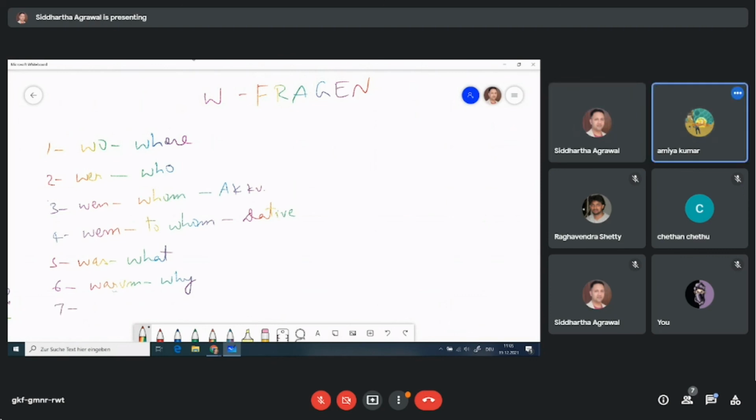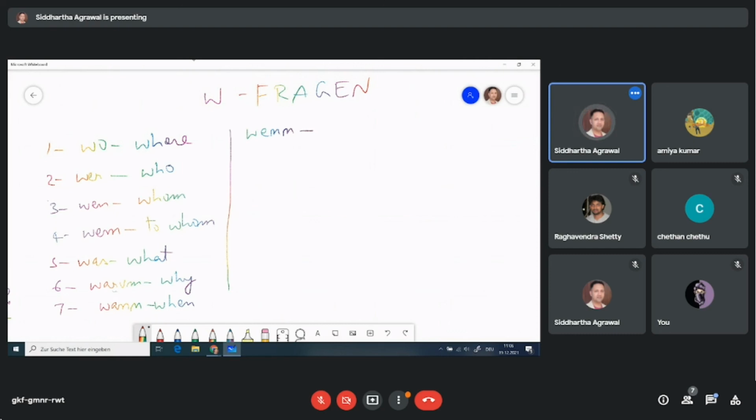Why. Then wann is when. Wann and when sound the same, and they are used the same way. But then there is one more called wenn, which also means when.